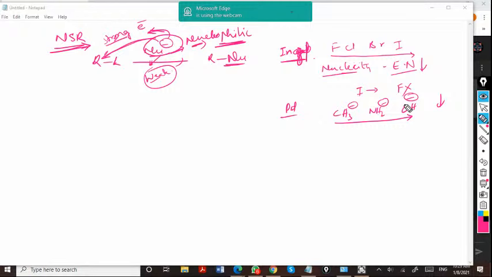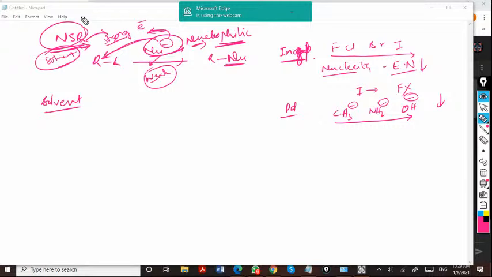Now we also need to know about the solvents. In a nucleophilic substitution reaction, either the nucleophile or the solvent is going to direct the reaction with a different kinetics and a different mechanism.